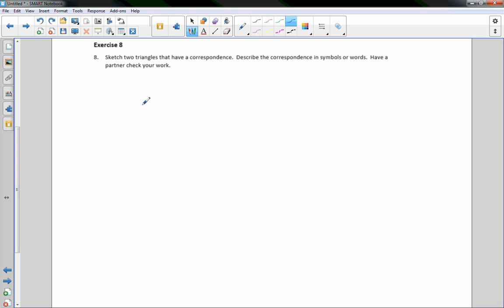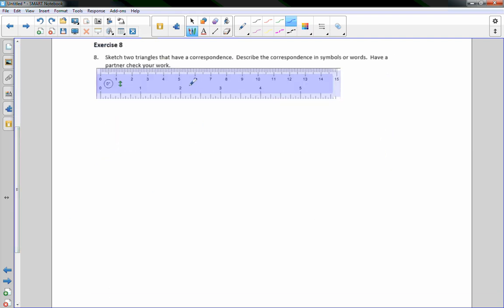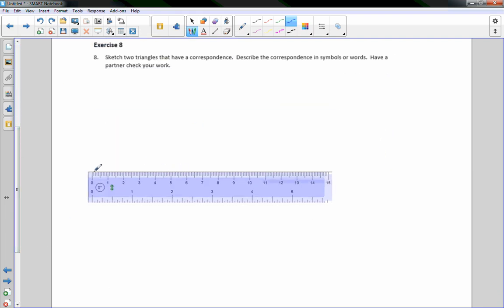Okay, exercise 8. It says sketch 2 triangles that have a correspondence. Describe the correspondence in symbols or words. Have a partner check your work. So I'm just going to grab my ruler really quickly here, and I'm going to draw a triangle.